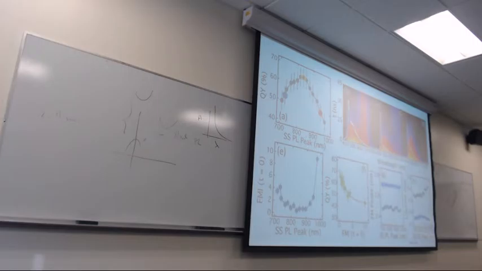But if you do time integrated, then instead of having this peak at 450, you'll have a peak only at 700. If you integrate over time, you can think of it like this: there will be a shoulder around 400. You pick a spectral window, say 300 to 900, and just count everything.